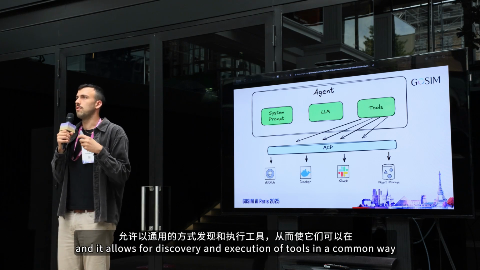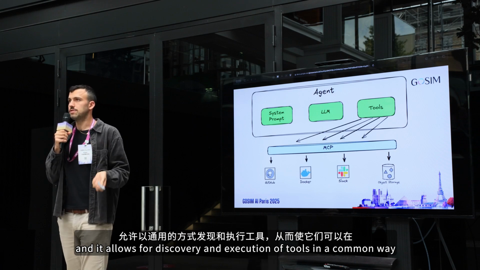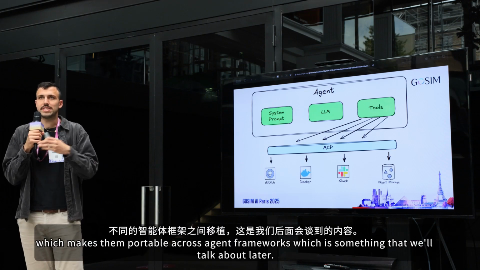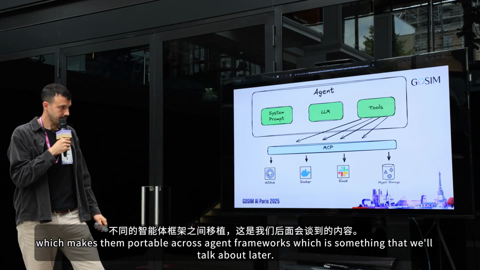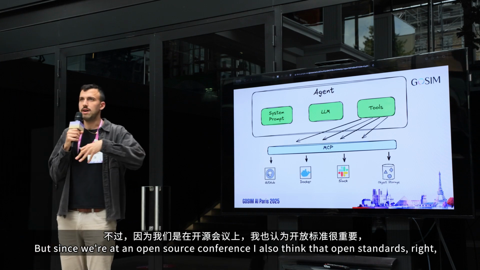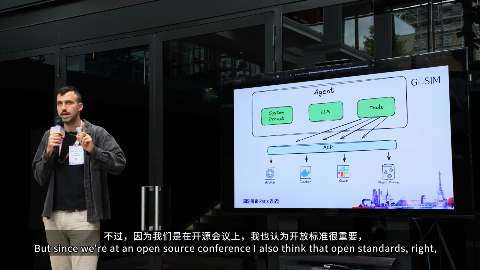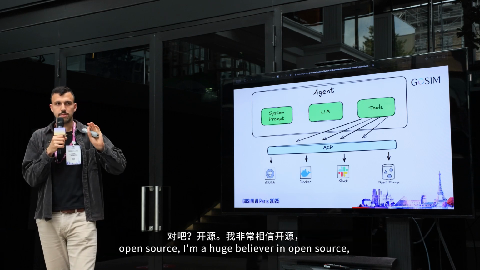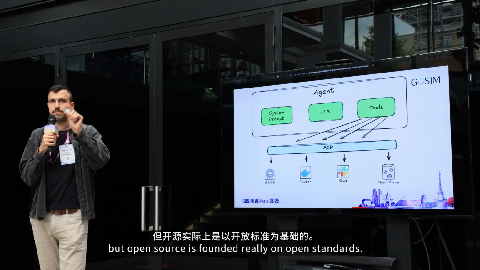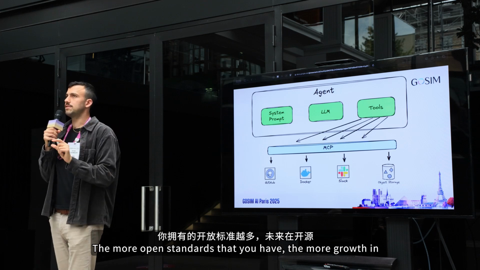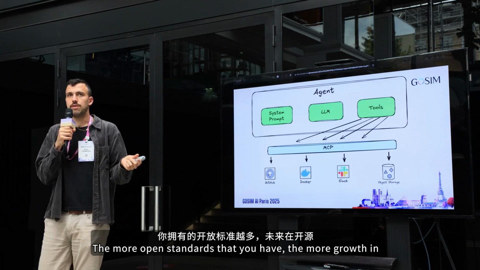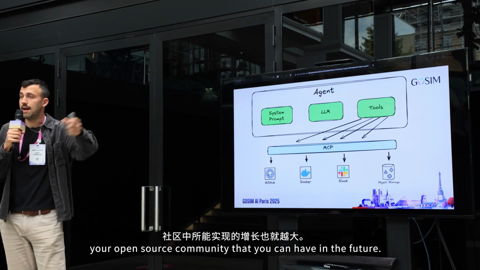It allows for discovery and execution of tools in a common way, which makes them portable across agent frameworks, which is something that we'll talk about later. But since we're at an open source conference, I also think about open standards. I'm a huge believer in open source, but open source is founded really on open standards. So the more open standards that you have, the more growth in your open source community that you can have in the future.